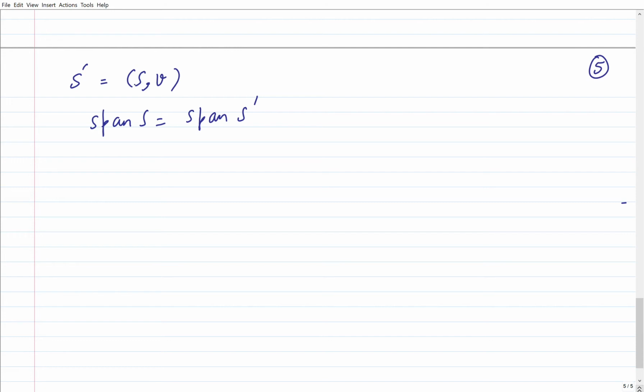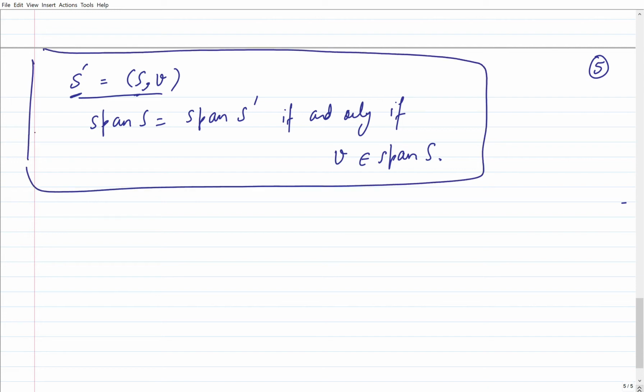Here S and S prime are ordered sets of vectors related by this expression, S prime is S comma V. Then the span of S is equal to the span of S prime if and only if V belongs to the span of S. Well, the proof of this proposition is very similar to the previous one. That's the idea, and you can easily show it. We won't go through the proof of this. The proof is in the book over here.